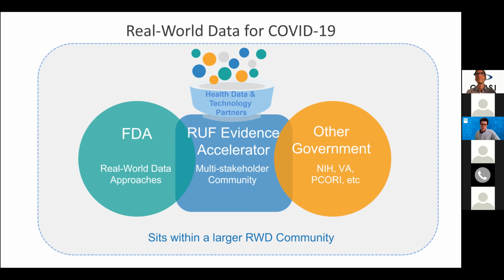This program of the Reagan-Udall Foundation, the COVID-19 Evidence Accelerator, provides a forum where experts and stakeholders can work with the FDA as well as other government agencies and the data and technology community reflected on the previous slide, to share insights, collaborate, develop methods, and work together in a sustained way to figure out how to make sense of real-world data in ways that are useful to the regulatory responsibilities of the FDA.